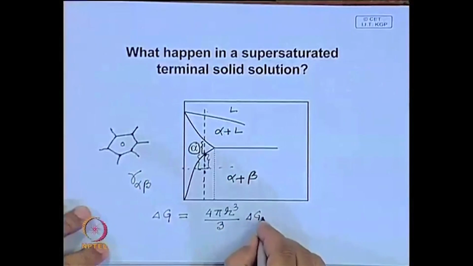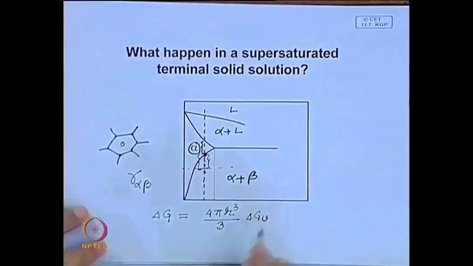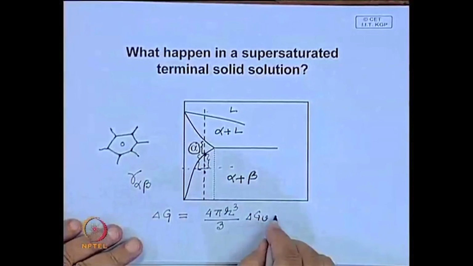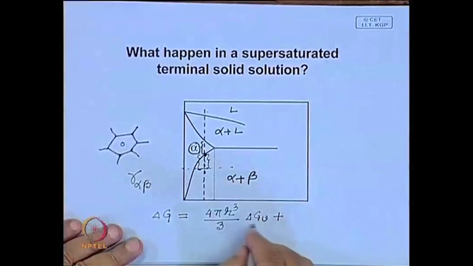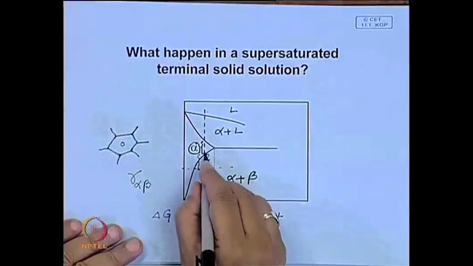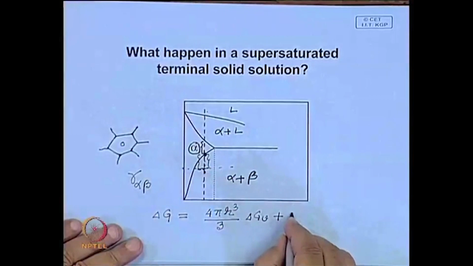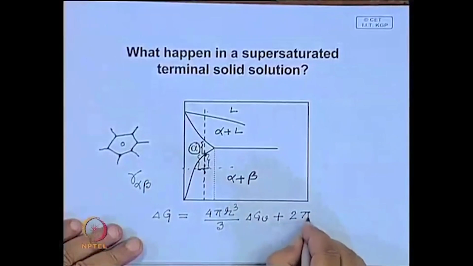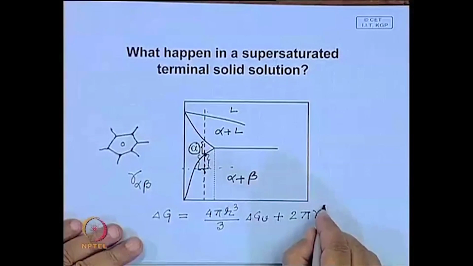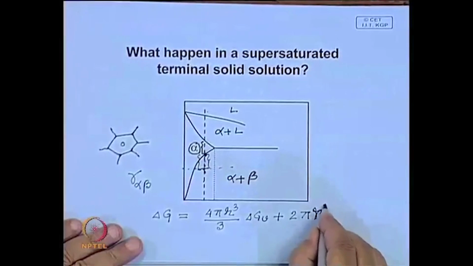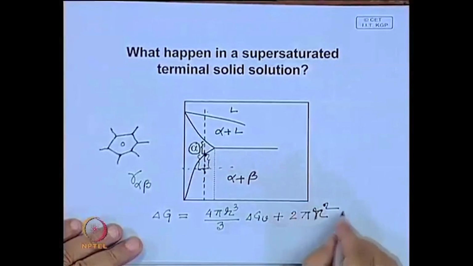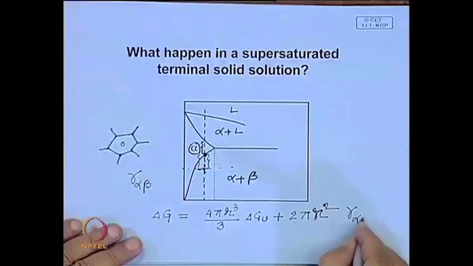There will be, this is the free energy of transformation per unit volume, and this is usually negative because thermodynamically this is more stable, whereas this is the surface energy, the surface area times gamma.